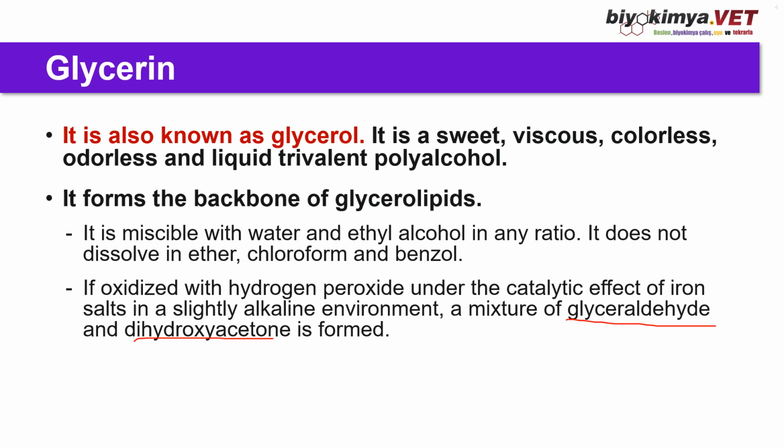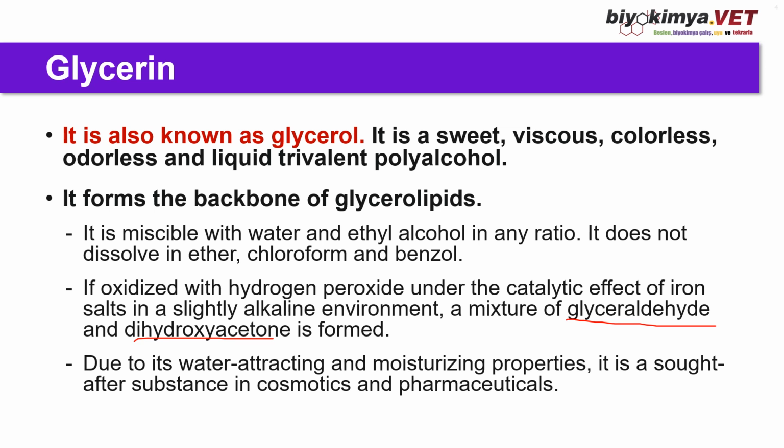So glycerol can be used to get these two monosaccharides or, vice versa, glyceraldehyde and dihydroxyacetone can be used to get glycerin, and it happens in metabolism. Due to its water-attracting and moisturizing properties, it is a sought-after substance in cosmetics and pharmaceuticals.